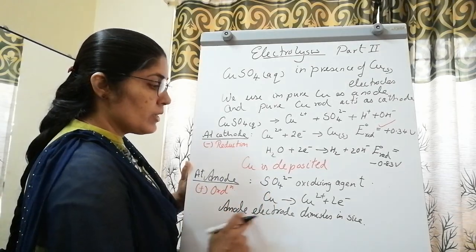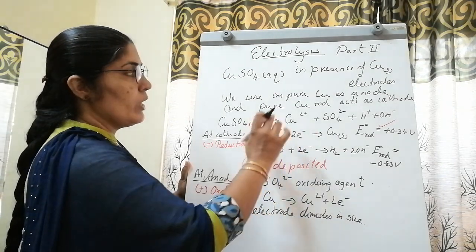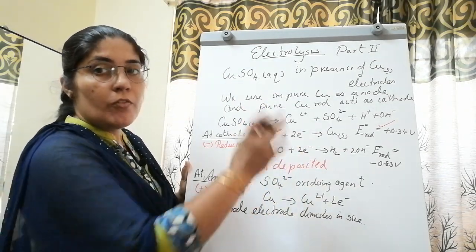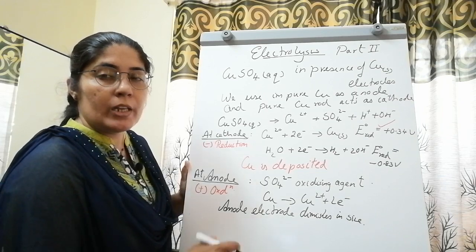Now in this case, we have taken an impure copper electrode as the anode.